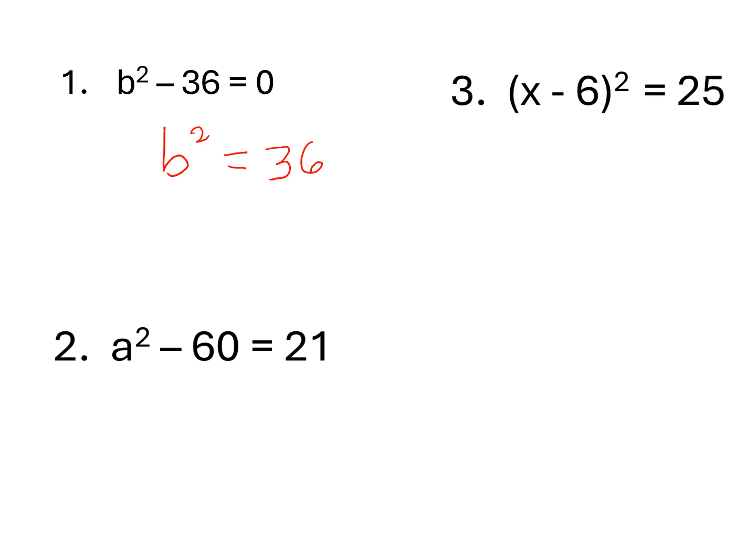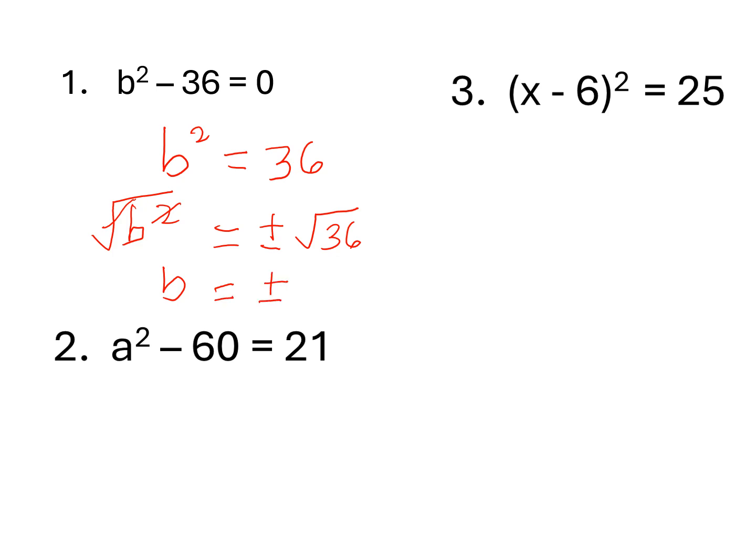And then we can now apply the square root method. We need to square root both sides of the equation. So b equals positive negative square root of 36.